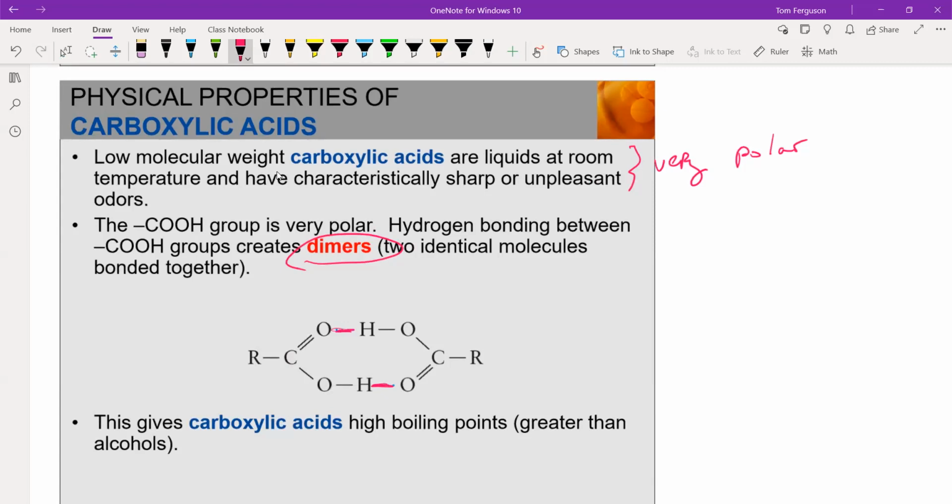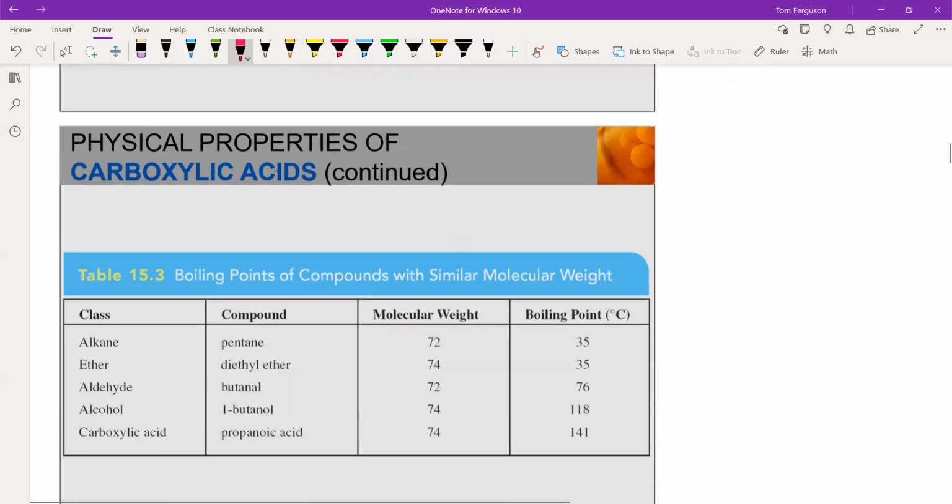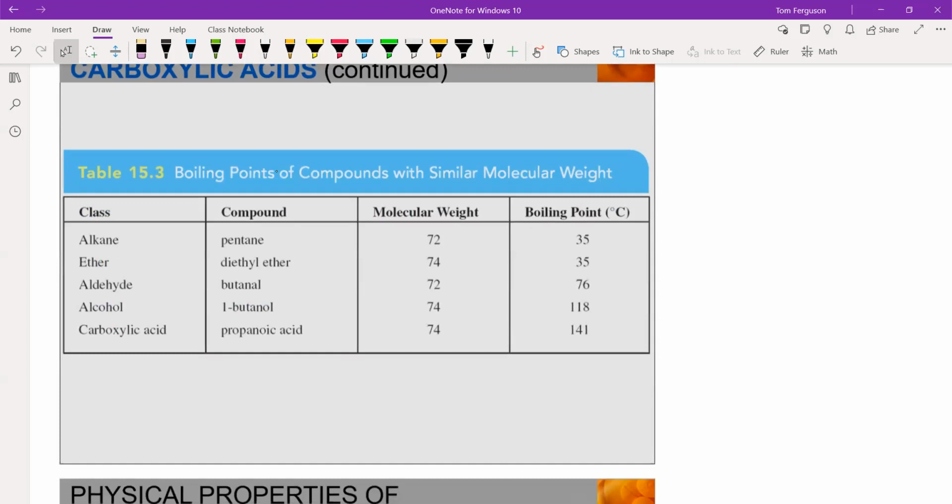Very strong hydrogen bonding. Higher than alcohols. So similar molecular weights. We start with the alkane being the lowest. The acids now tip the alcohols by quite a bit.